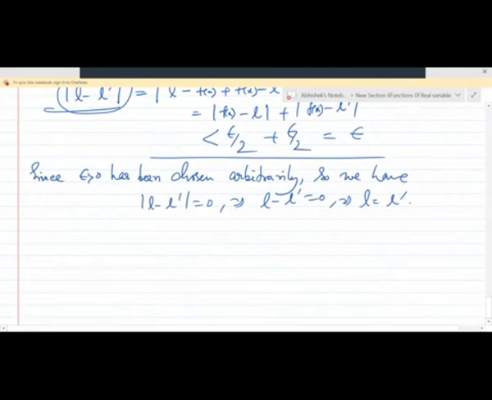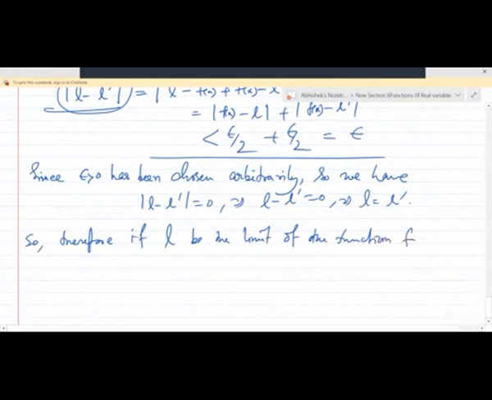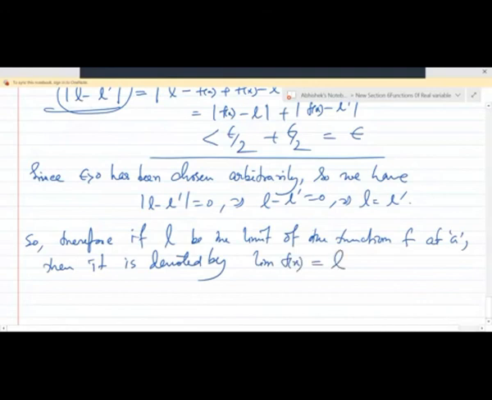Okay, fine. So therefore, if L is the limit of the function f at a point a, then it is denoted by limit of f(x) equal to L as x tends to a.